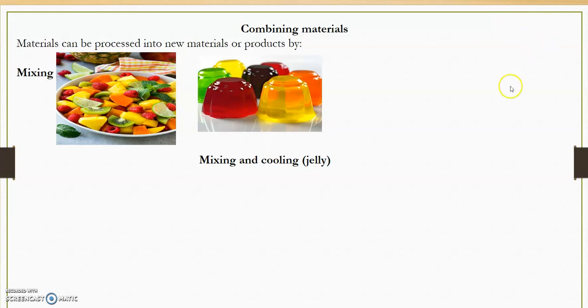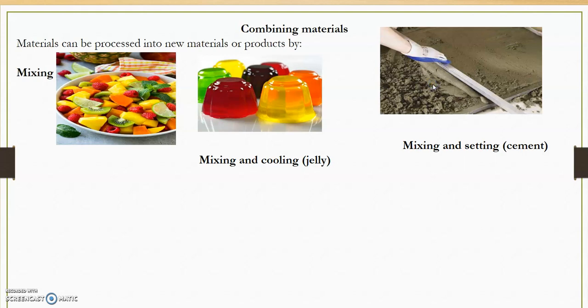So what you're doing effectively is you are mixing first of all. When you put your powder in water and it dissolves in water, you continue stirring and mixing, and then after that you have to cool the mixture. You put it in the fridge and your jelly forms. Alright, then we can also mix and set.